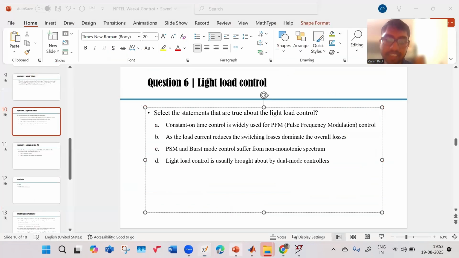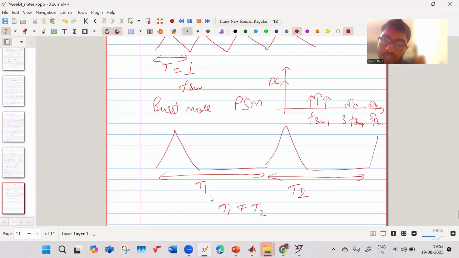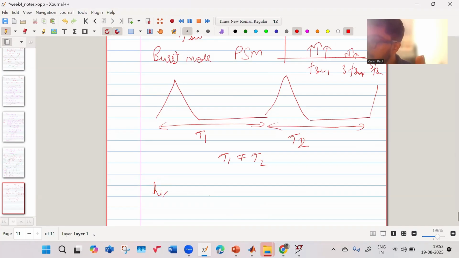Next, final question: light load control is usually brought about by dual mode controllers. In most cases, you can consider that. In high load, we could operate in PWM control, and in light load, we can operate in pulse frequency modulation, constant on-time control, or PSM control.